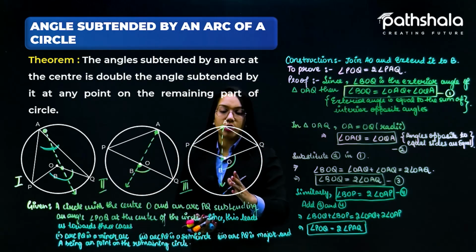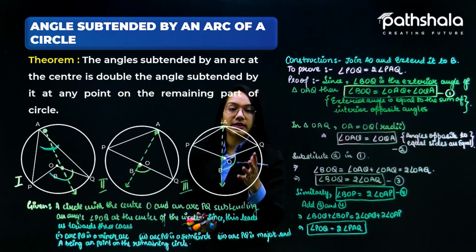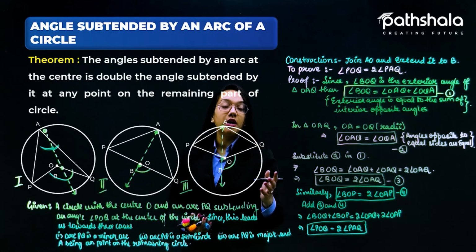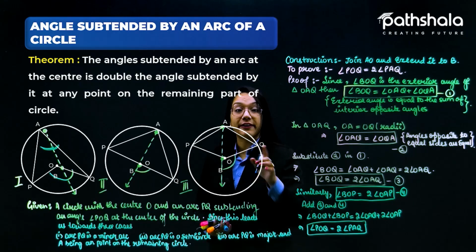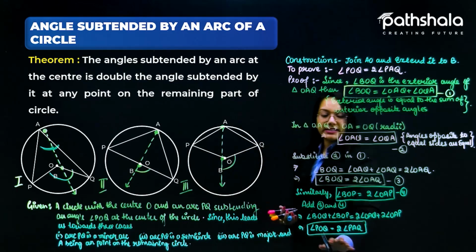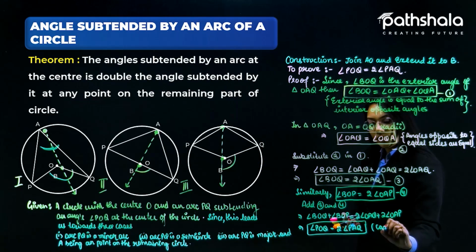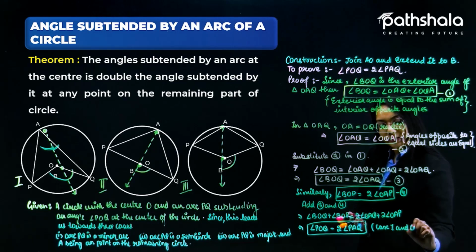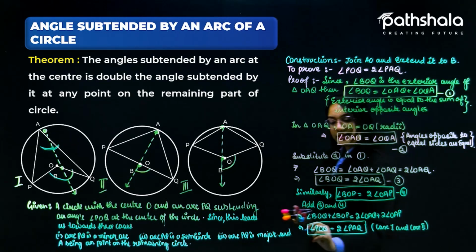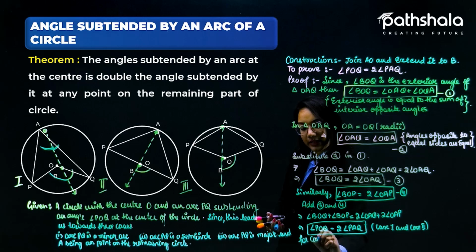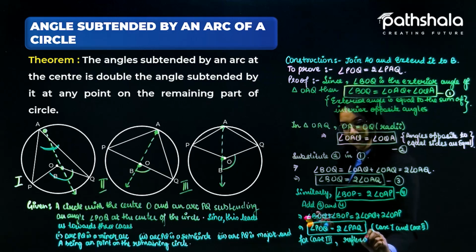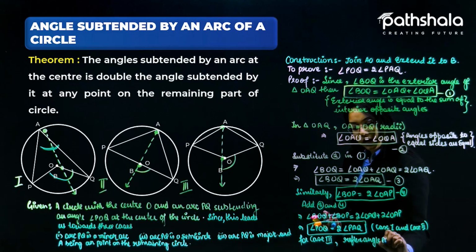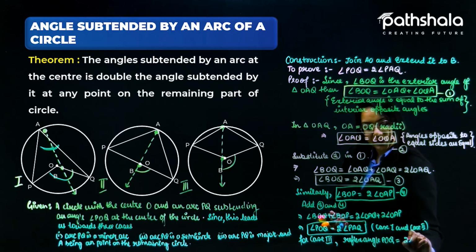But since we are talking about the third case as well, we can see over here that this PQ is forming up a major arc. Since it is forming a major arc, we are talking about the reflex angle over here. So this is similar to case 1 and case 2. So for case 3, reflex angle POQ should be twice the angle PAQ.